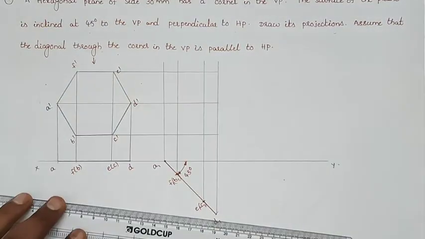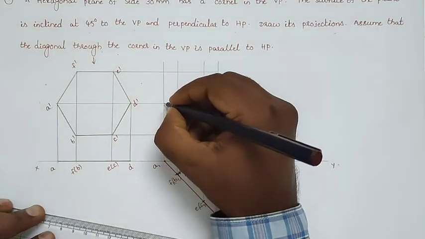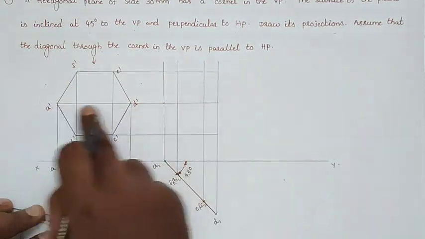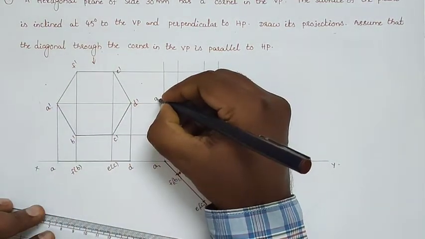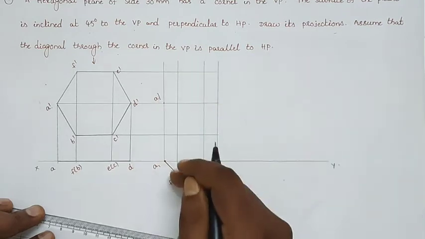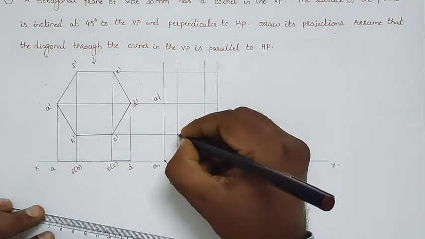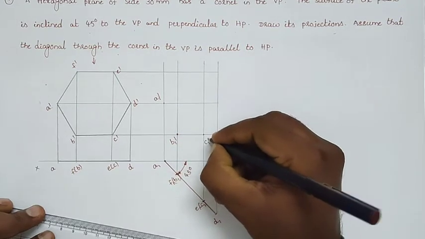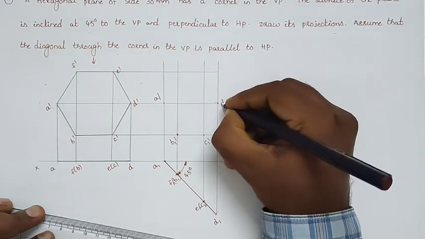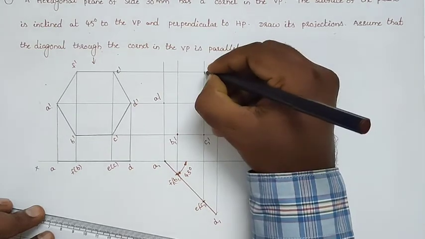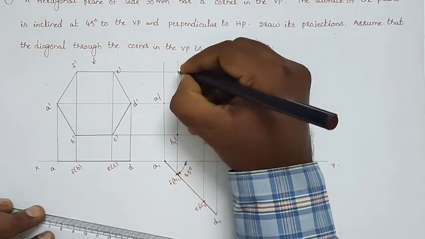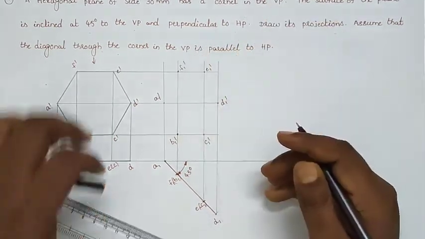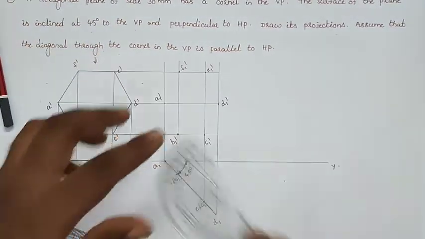Locate the corresponding intersecting points in the second front view. The A vertical line and A dash horizontal line give A1 dash, the B vertical line and B dash horizontal line give B1 dash. Like that we locate all the points C1 dash, D1 dash, E1 dash and F1 dash. Now join all the points.